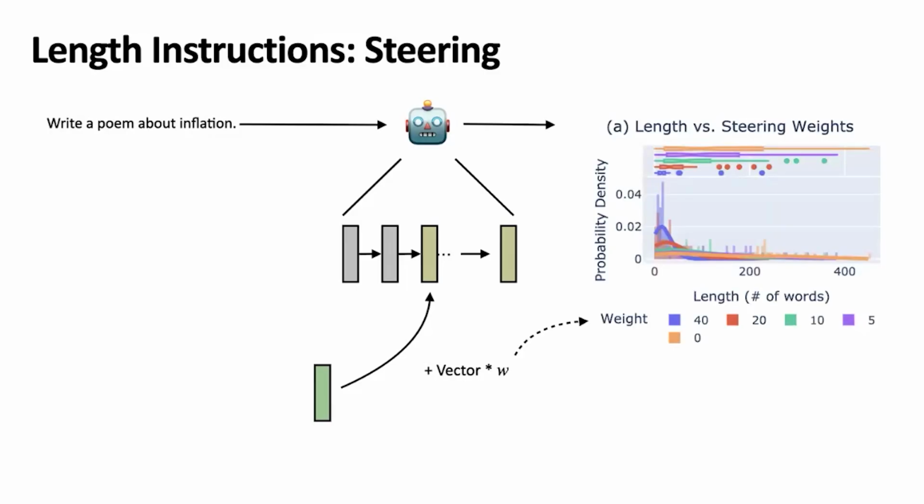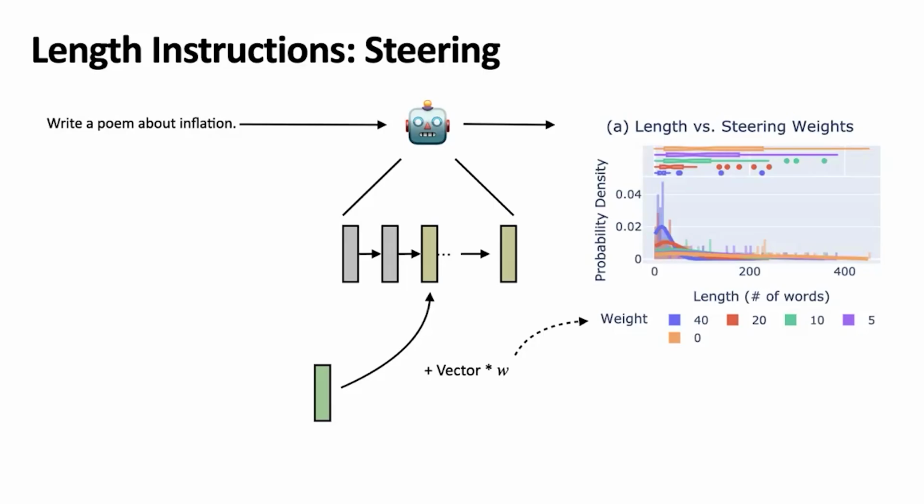We quantified this more rigorously. For many different queries, we measured the length of the model's output in number of words, and plotted distributions when we perform steering with different weights. In this histogram, the different colors represent different weights, and the baseline distribution is for weight equals 0.